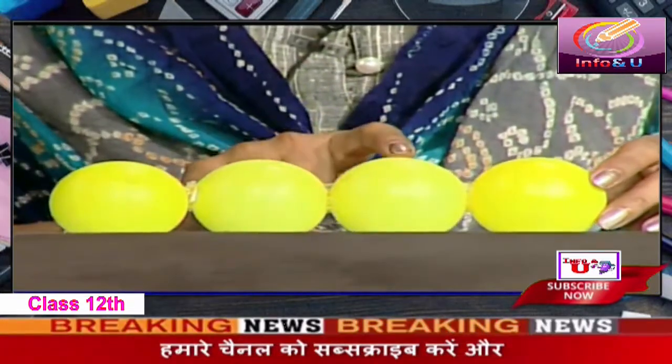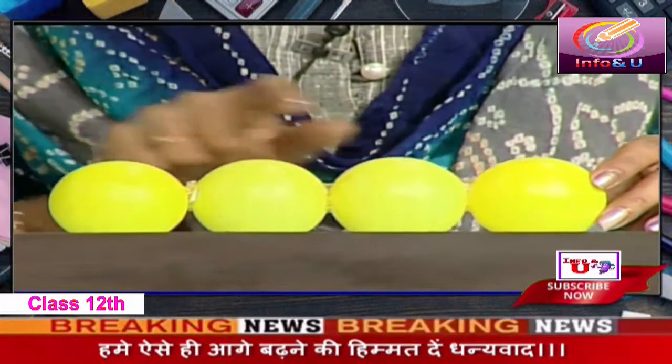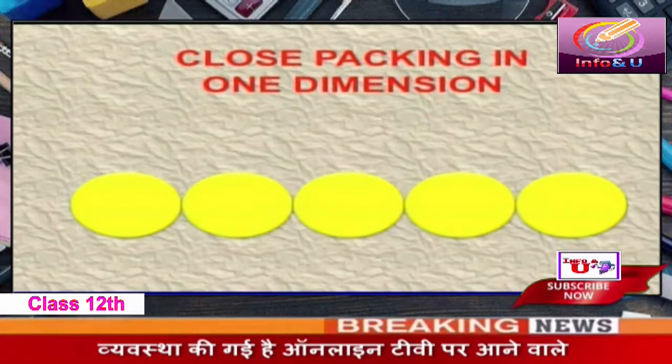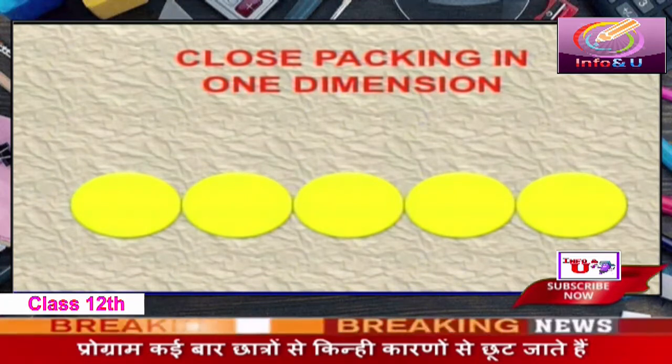Here its coordination number is 2 because it is touching these two atoms. So in single-dimension or one-dimension packing, the coordination number is 2. You can see the packing in one dimension. The atoms are arranged in one row.